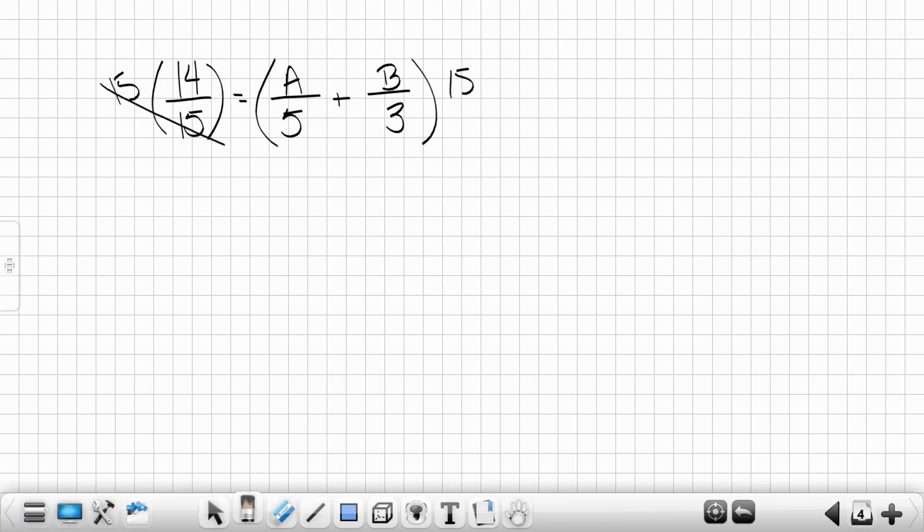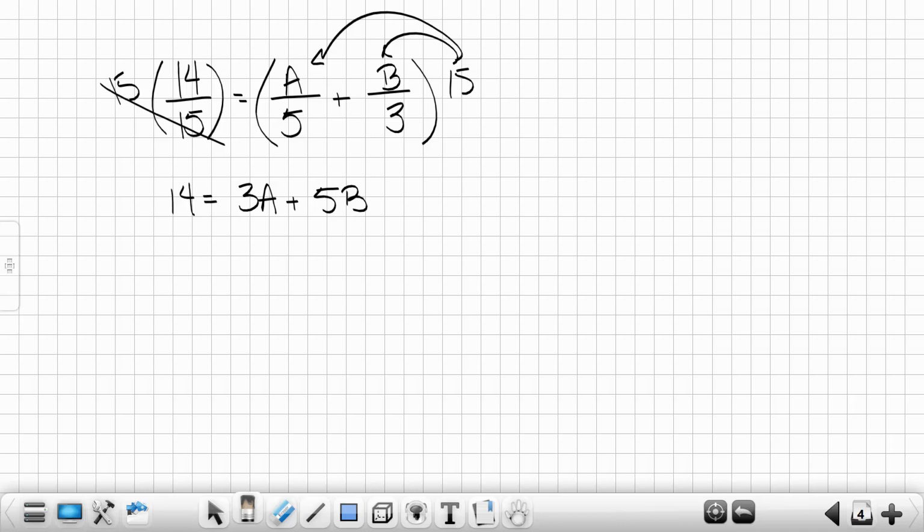And I get 14 is equal to 3a plus 5b. Because I wanted to cancel. So when I distribute here, all that's left is the 3 and the 5.